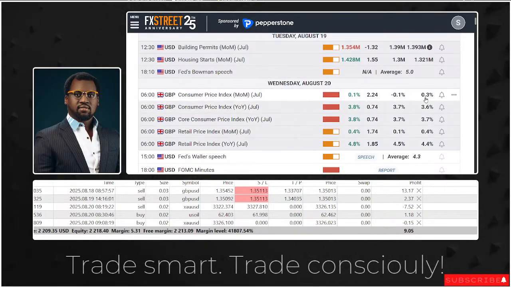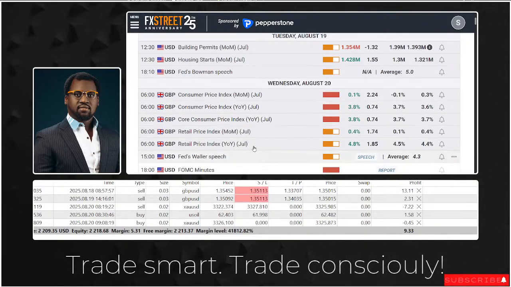As you can see, the market was expecting a deficit of 0.1% for the month over month and 3.7 for the year over year. And look at what happened.